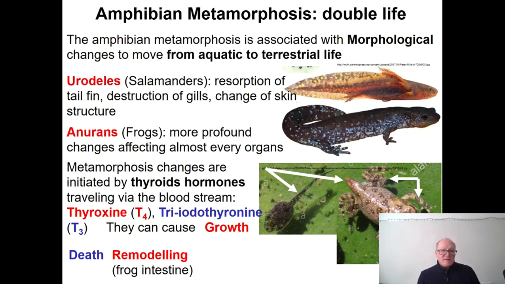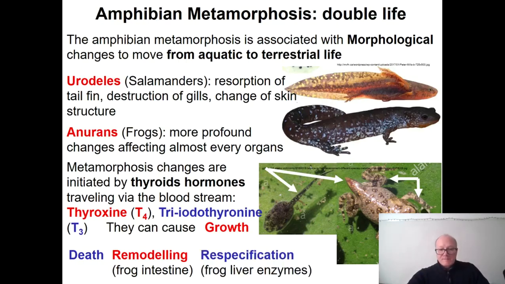For example, the intestine changes, and this is because tadpoles tend to be herbivores, so they eat mostly plants, while the adults tend to eat other animals, so they become carnivores. So the intestine needs to change from a mostly herbivore diet to a more carnivore diet.